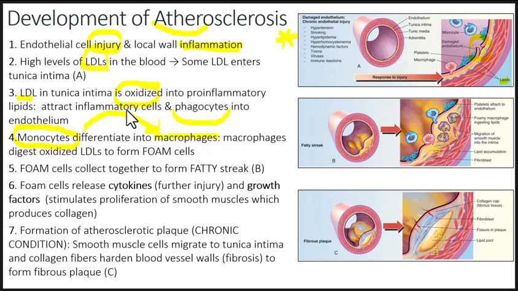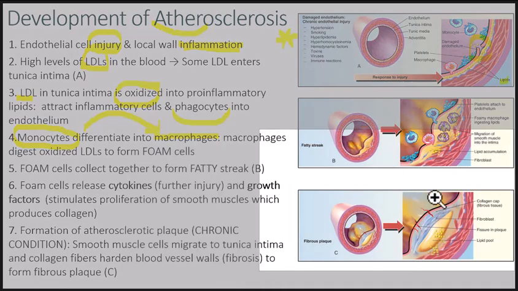So a monocyte can differentiate into a macrophage, which is a larger cell. I usually describe these as being kind of like a Pac-Man, if you know what that is, where they're larger and they have an easier ability to phagocytose, or eat, things that should not be present.